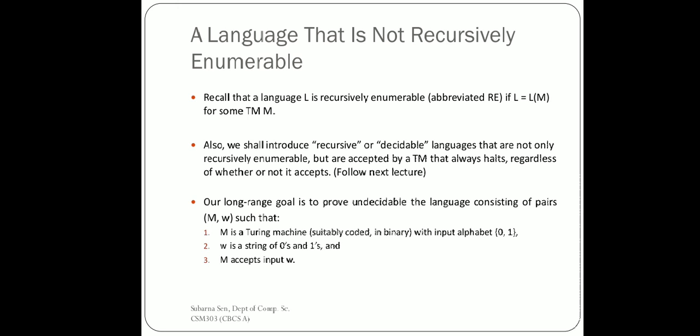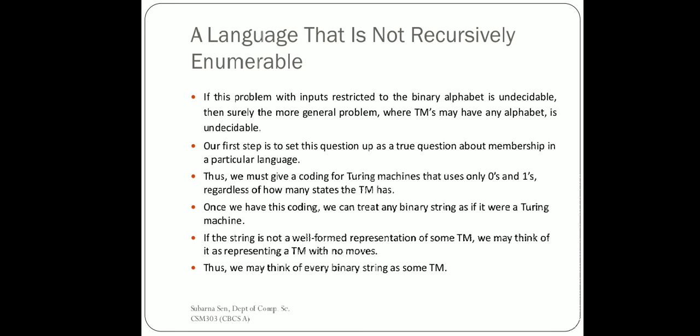So we can express any Turing machine or any language in this form: the machine followed by a string, which will be a binary string consisting of only zeros and ones, and the Turing machine accepts this form of string. How to generate this w, how we are going to binary code it, we will see.